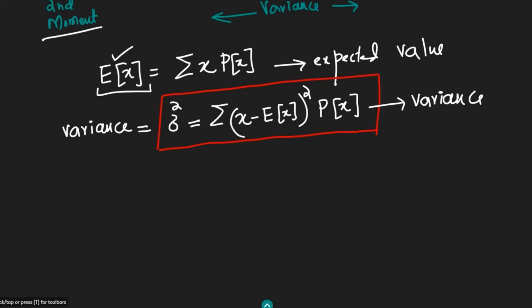Apart from it, we can also see that this variance, or sigma square, is also equal to the expected value of x minus E of x, squared. This is called the variance.